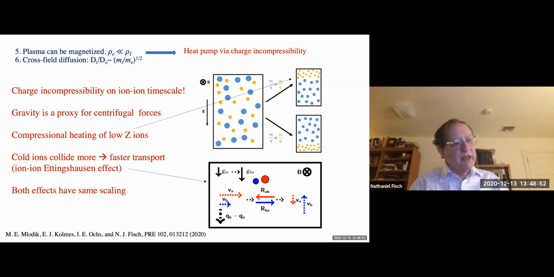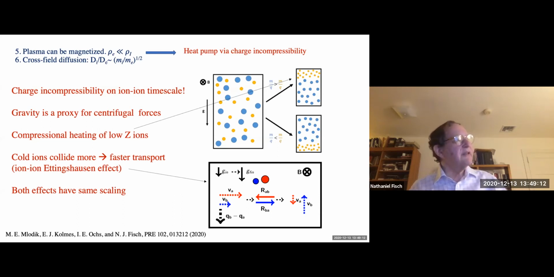That will occur faster by the square root of the mass ratio, MI over ME, than for the electrons. So on the first day of the month, I'm equilibrating ions, and then it takes another whole month, 40 days, for the electrons to participate.